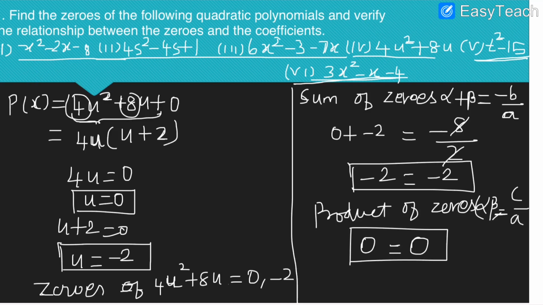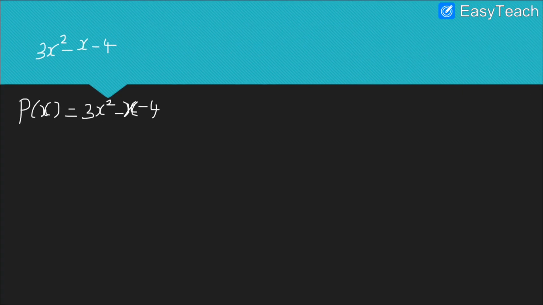3x square minus x minus 4. I write it as p of x equals 3x square minus x minus 4. I do the splitting. 1 3s are 3, so 3x square on the left side, and on the other side the product must be minus 4.